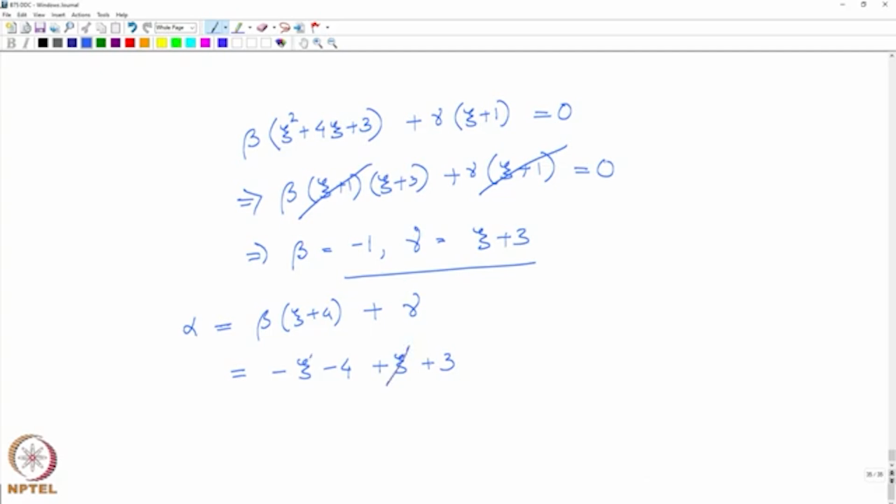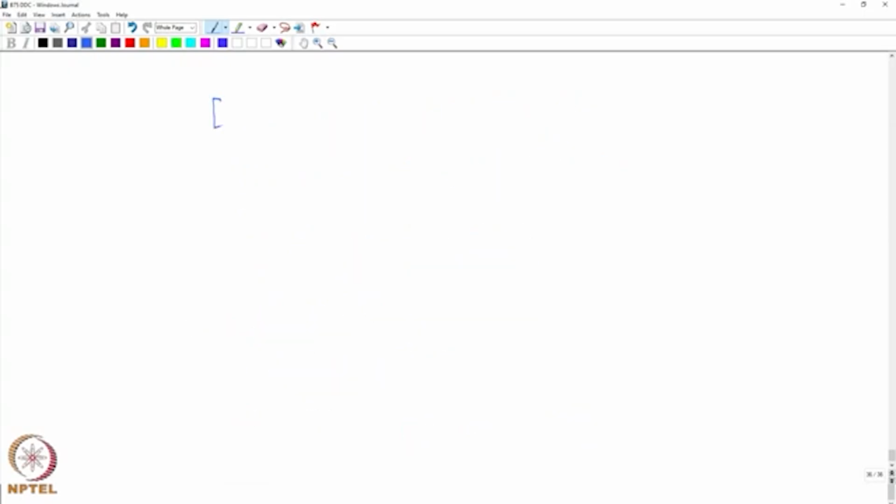This just cancels out and I am left with minus 1. Okay, I think I have not made a mistake anywhere. Let us just check. So my proposed maximal left annihilator is minus 1 and xi plus 3. Let us check whether this actually satisfies the two equations or not.